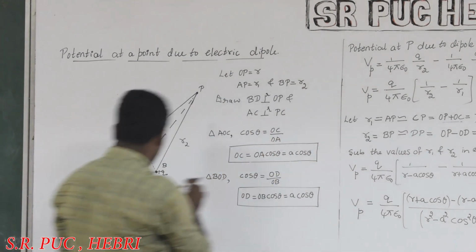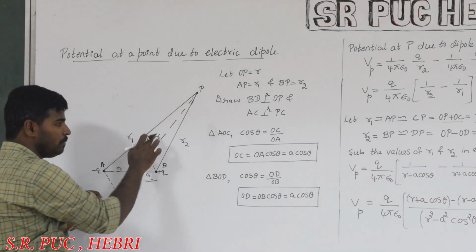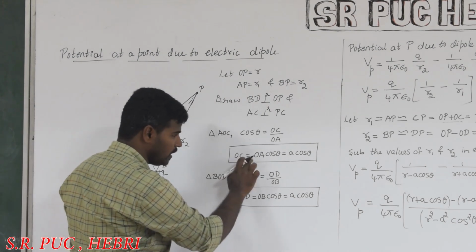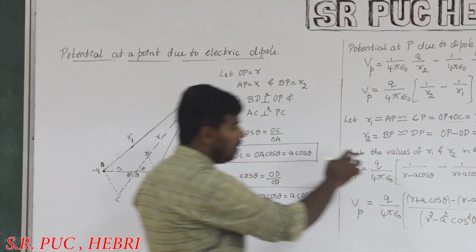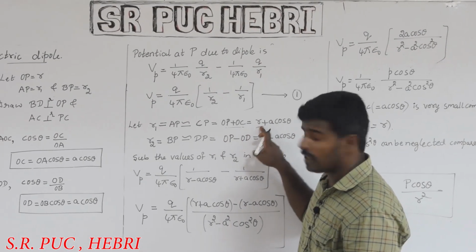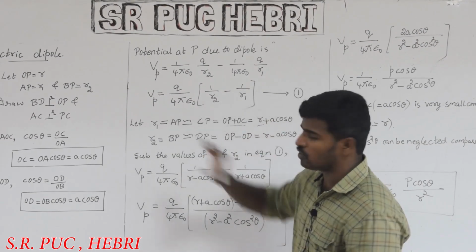Therefore, the distance from O to P is known to be R. The value of OC is equal to, as we have written over here, A cos theta. Therefore, the value of R1 is equal to OP, which is R, plus OC, which is A cos theta.